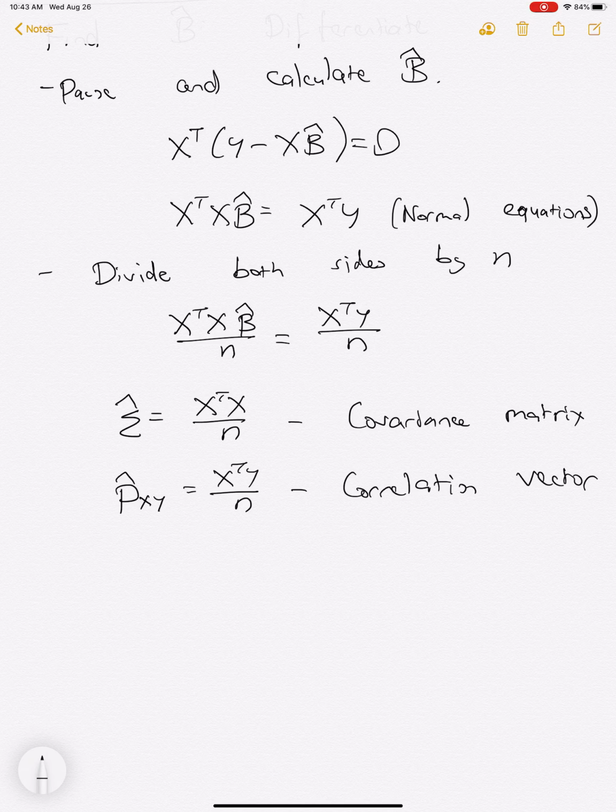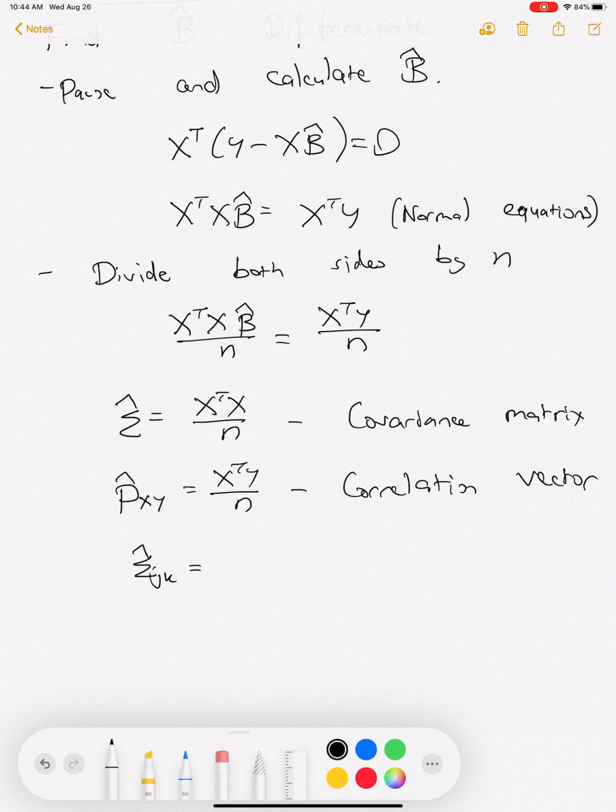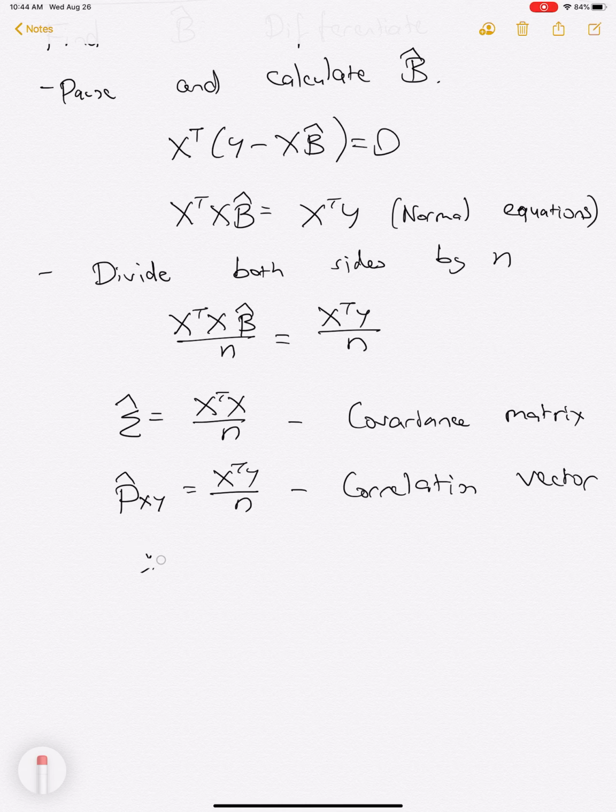If we introduce this notation sigma hat, which is x transpose x over n, and rho hat xy, which is the correlation vector, then because we've normalized and standardized everything, let me explain this a little bit more.